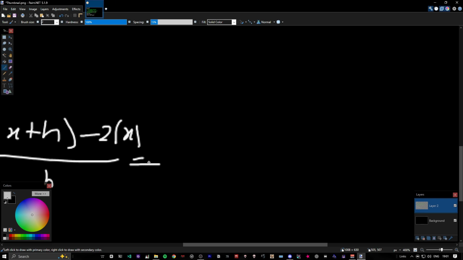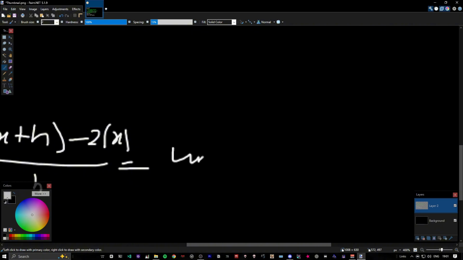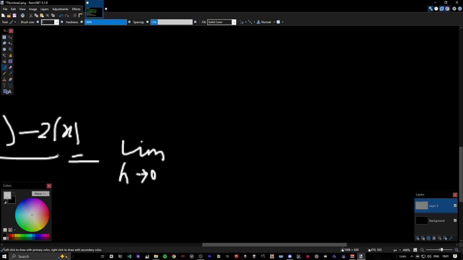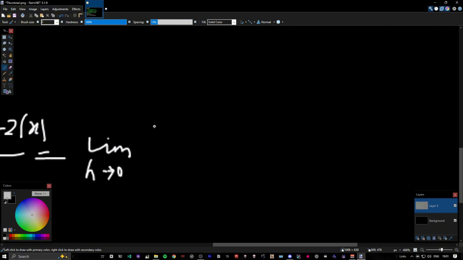And we can simplify this further with some algebra. Remember to write the limit next to this until you get to the final part, because you may lose marks if you don't.